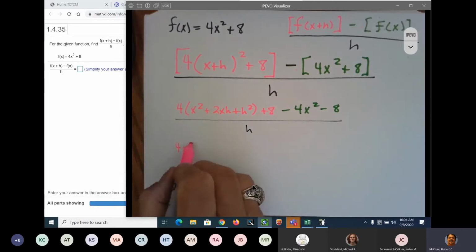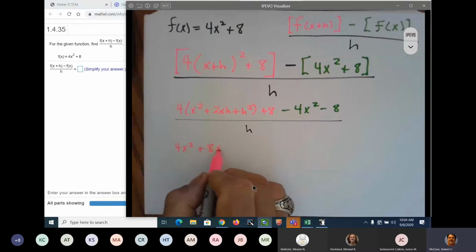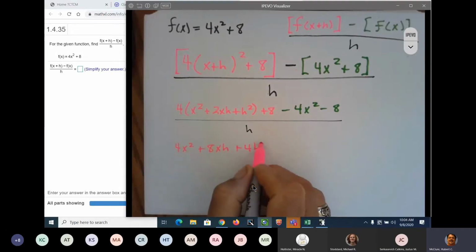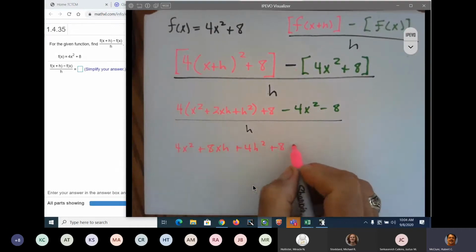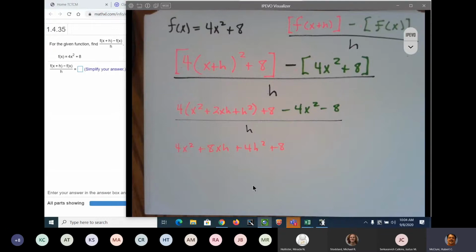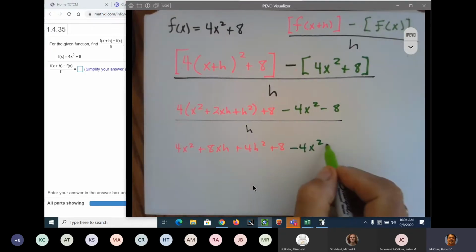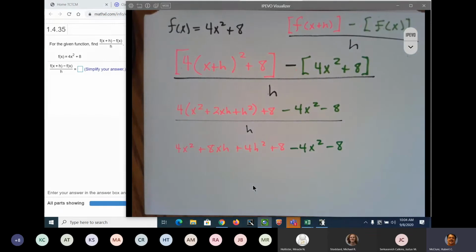Four x squared plus 8xh plus 4h squared plus 8 minus 4x squared minus 8, over h.